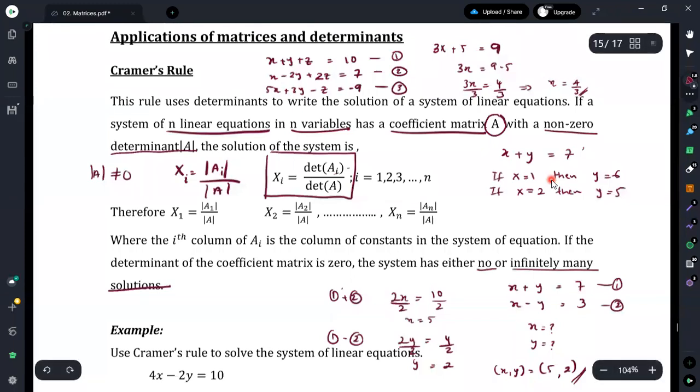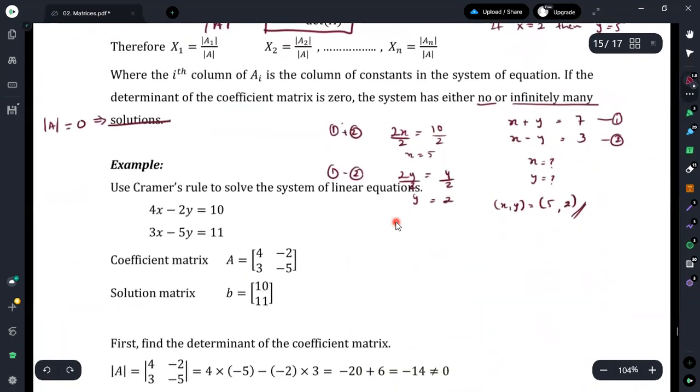Therefore, if the determinant of A equals 0, you wind up your calculation by stating that the system has either no solutions or infinitely many solutions. Now we will discuss an example related to this.